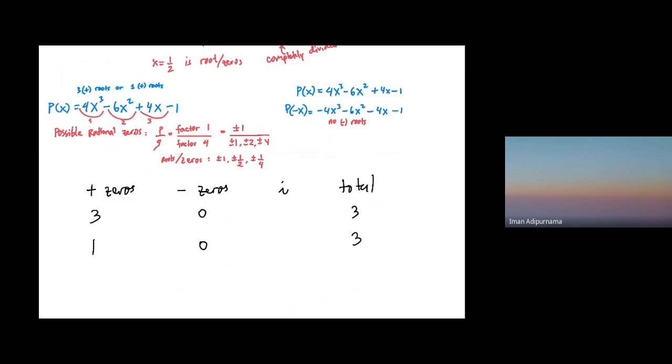If we have 3 positive zeros and 0 negative zeros, then there are no imaginary numbers, so we write 0. And if we have 1 positive zero but the total is 3, then the other 2 must be imaginary numbers.